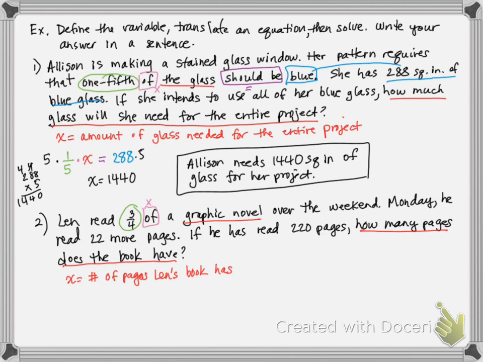And then on Monday, he read 22 more pages. So more, actually I'm going to change that. I'm going to go 22 here is a number, and then more tells me in addition to, so there's an adding. And then we understand that he's read 220 pages. So we got 3 numbers in this one.